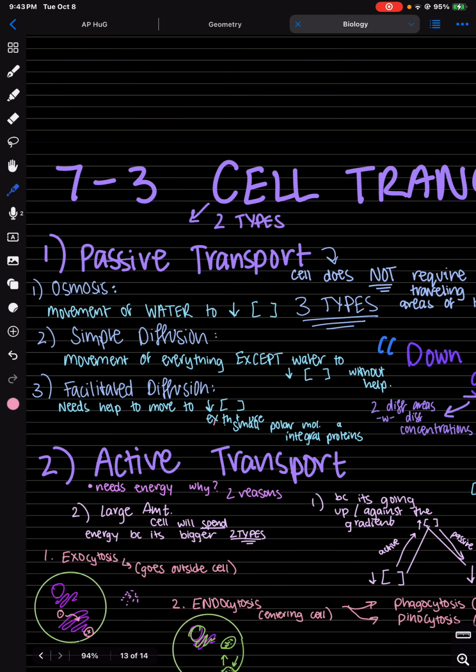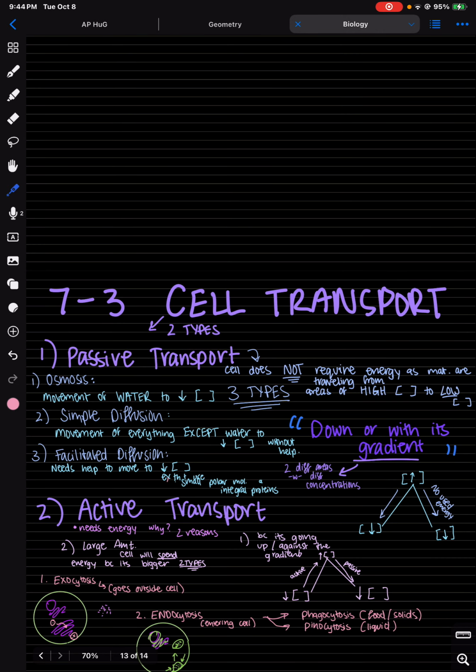There's osmosis, which is the movement of water from areas of high concentration to low concentration. For example, we have 4 H2O molecules on the inside, and then we have 2 H2O molecules on the outside.